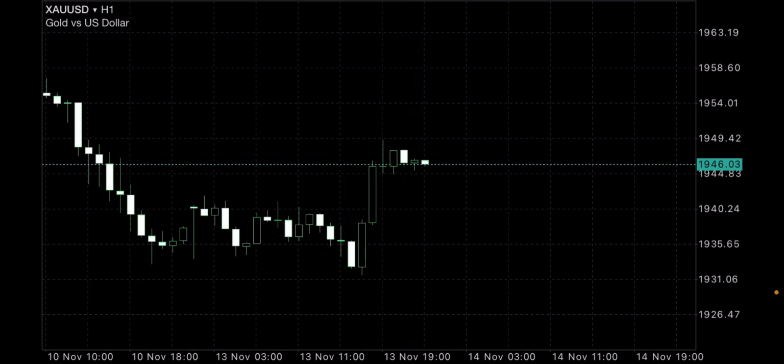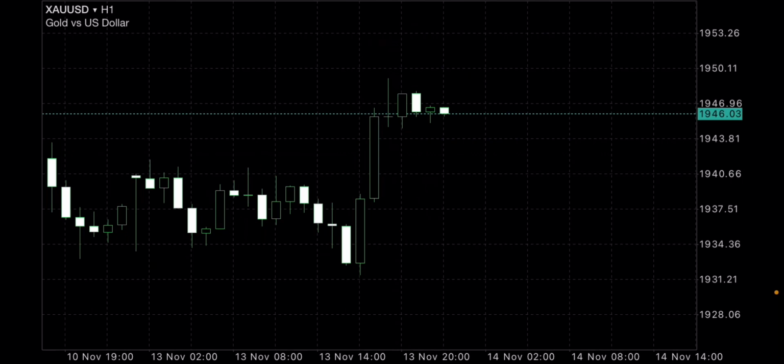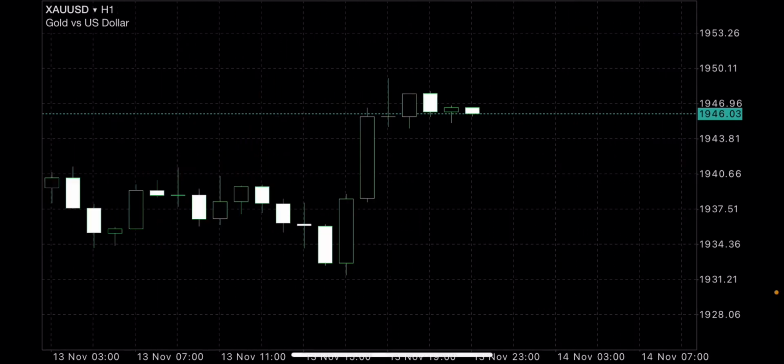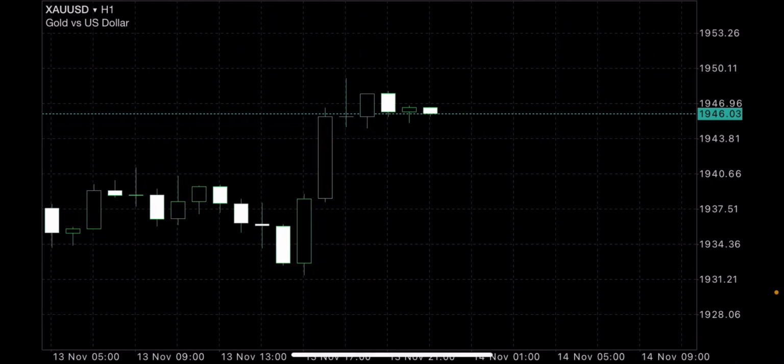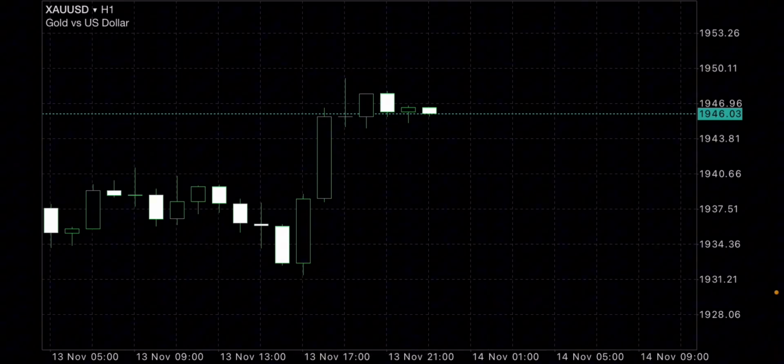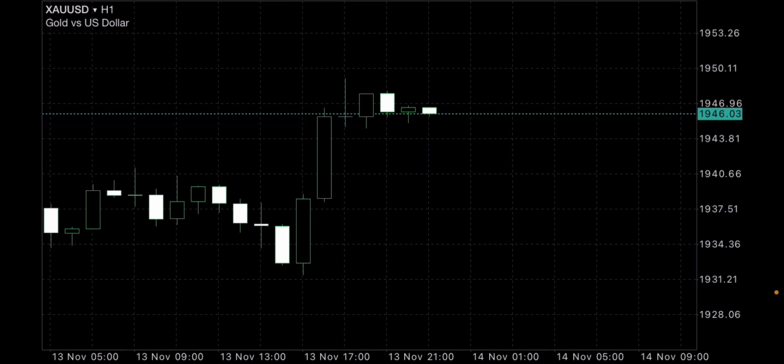Underneath where that green line is, there's a white rectangle or square looking thing, the very first one at the far right of the chart, and that is called a candlestick. Basically, a candlestick shows the movement of the price.